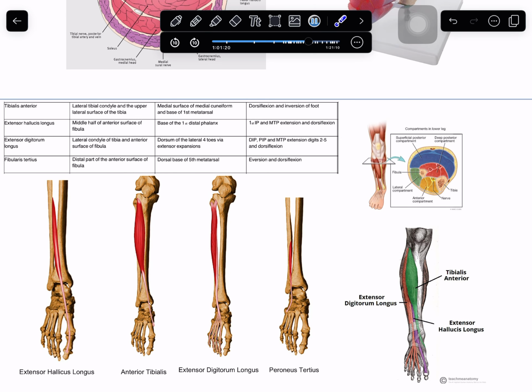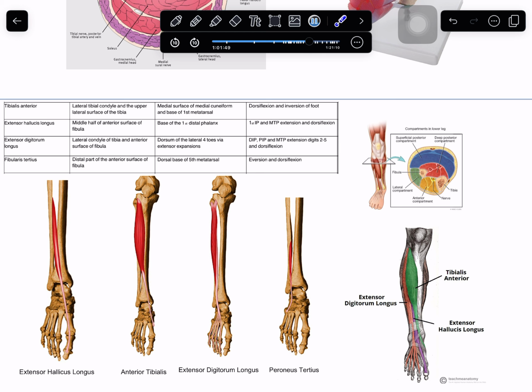But I do want to take a second and jump into some of these secondary actions as well, right? So if we look at the anterior tibialis, we can see that the tendon of the anterior tibialis is crossing the ankle a little bit more on the medial side now.